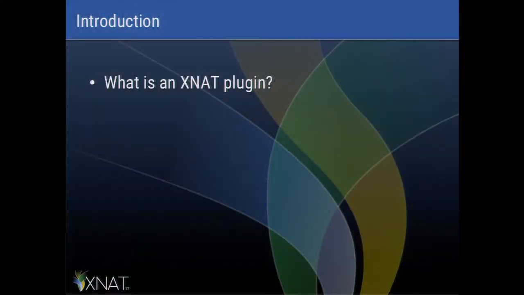Okay, so introduction. What is an XNAT plugin? An XNAT plugin is just a plugin like for anything else. It's a thing you can pop into an XNAT and extend the functionality. You can add new data types. You can add UI elements. You can add code that'll do things inside.